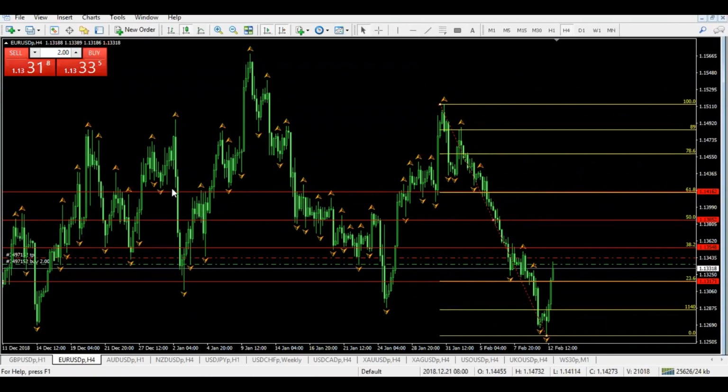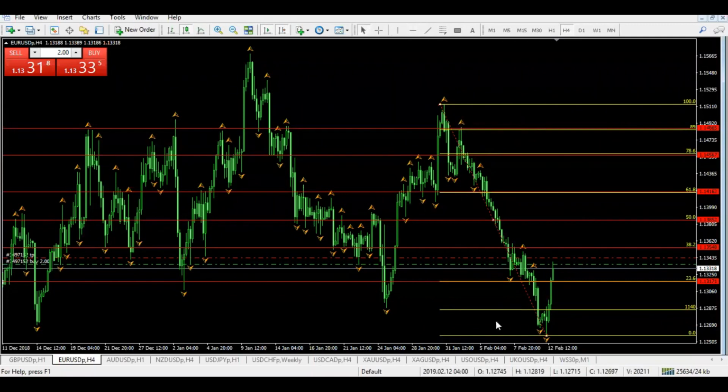And 61, and 78, low, candle-like pivot. This is 89 here, it would be in the low. It shows that my Fibonacci is right.